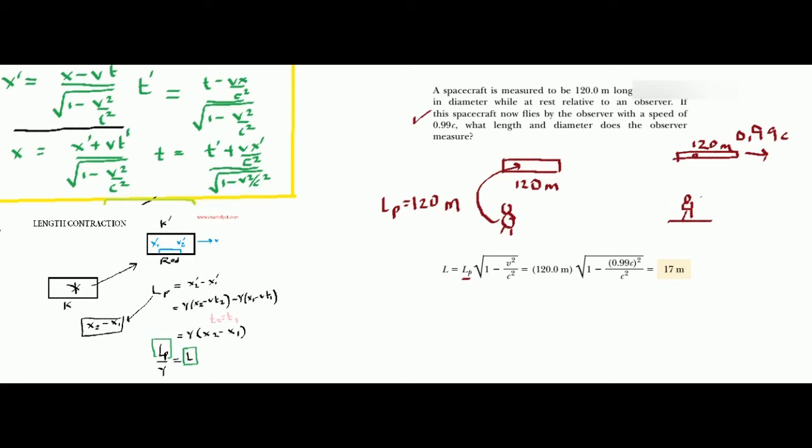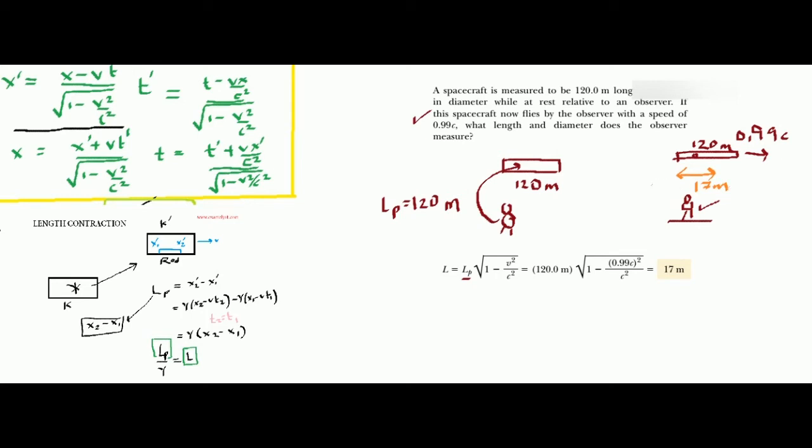Now the question is, how much length does the person outside the spacecraft measure? Actually, this person will measure a smaller length. This is what is meant by length contraction. He will measure a length of 17 meters. It's not because the spacecraft is very far away.